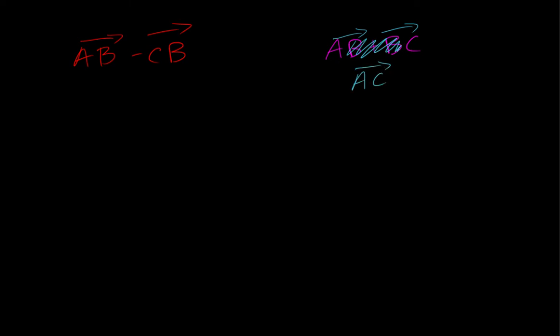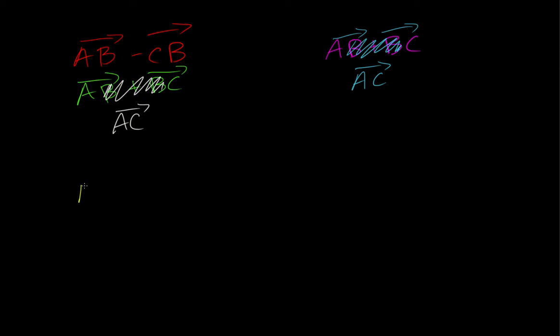Now, we can't directly cancel anything yet, but if we switch the direction, we could rewrite this as plus BC, and that's going to cancel those middles, and so the answer to this one is going to be AC.